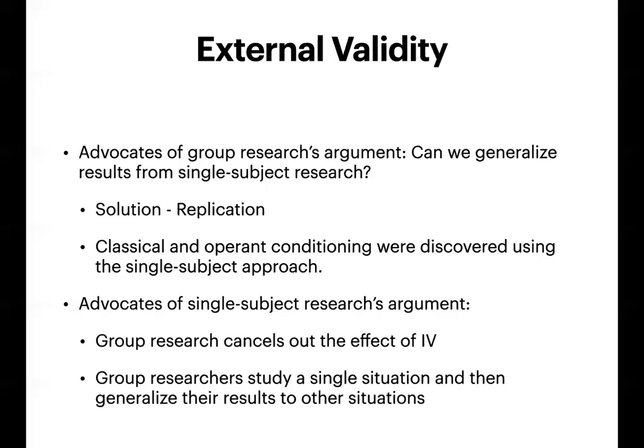Advocates of group research emphasize the difficulty of determining if findings from a small sample can be generalized. For instance, in a single subject study where a treatment successfully reduces self-injury in two children with intellectual disabilities, it is still uncertain if the same treatment will be effective for other children with similar delays.